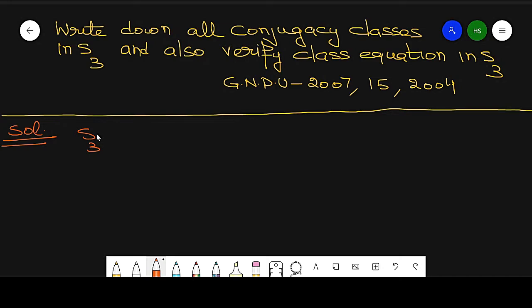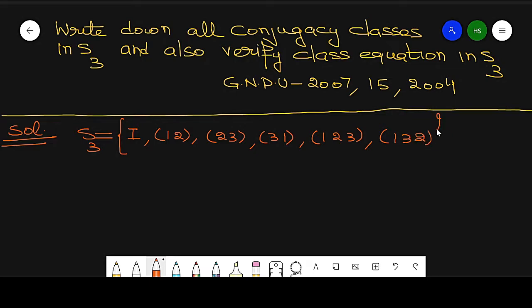It consists of the permutations identity, (1 2), (2 3), (3 1), (1 2 3) and (1 3 2). So this is S3.